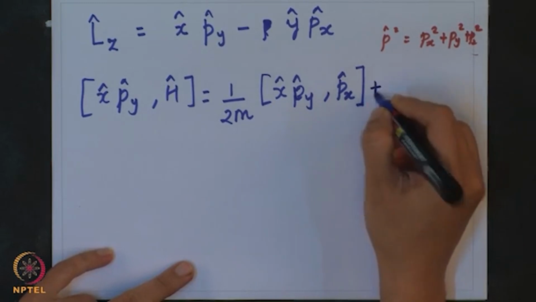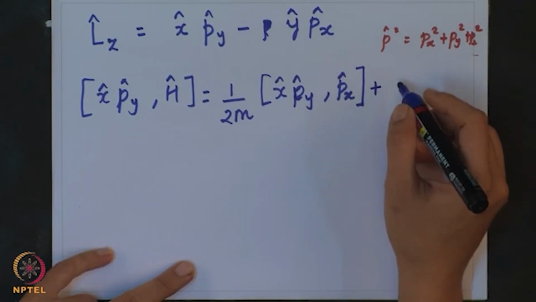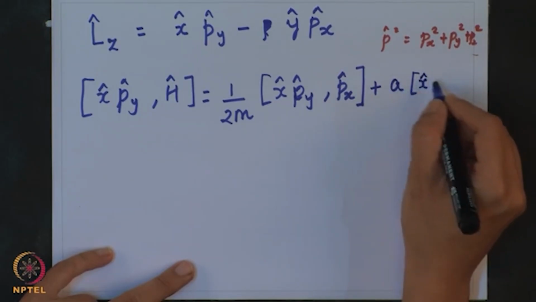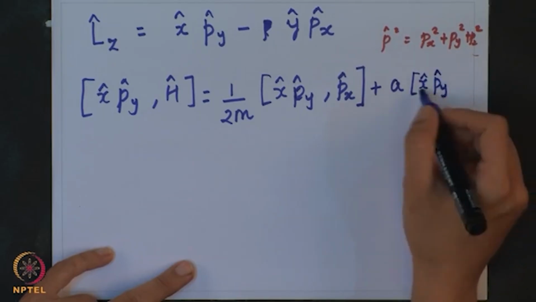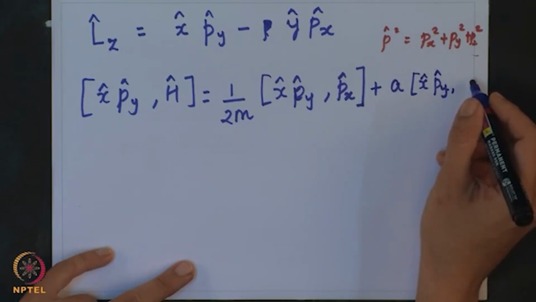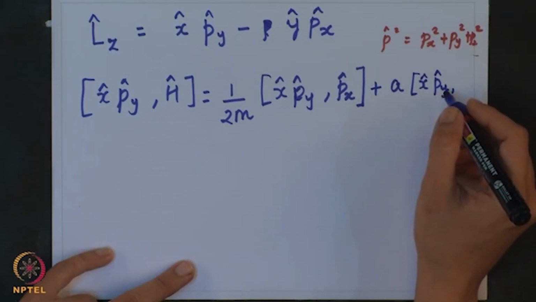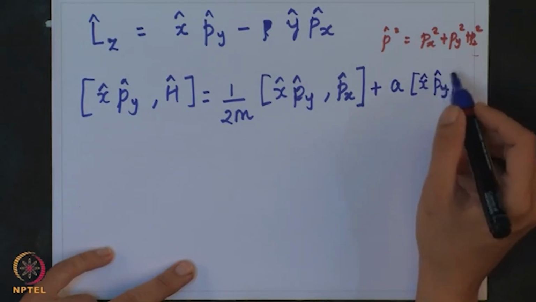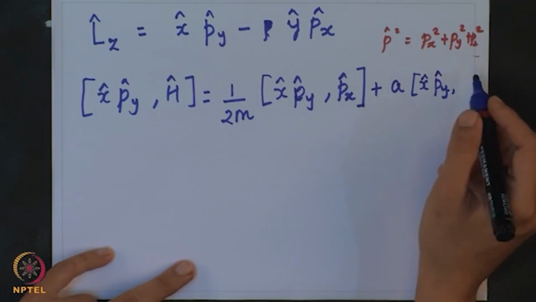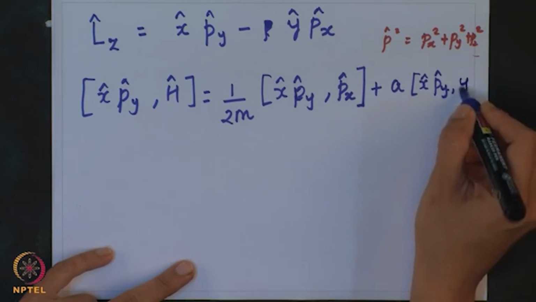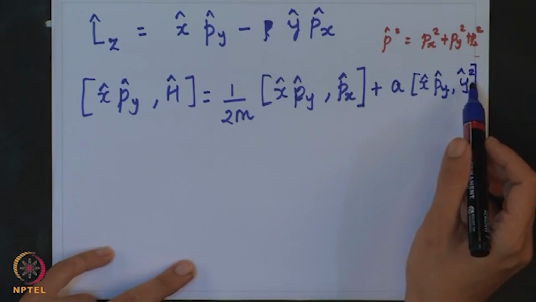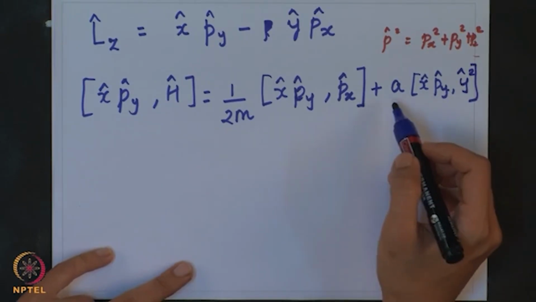For the potential term it is A times again the same thing, the commutator of x p_y with x squared, y squared, z squared. Similarly you have to see which one would contribute. So, we have x squared, y squared, z squared. The only term that will contribute in this case will be the y squared term, and A is a constant which I have taken out.